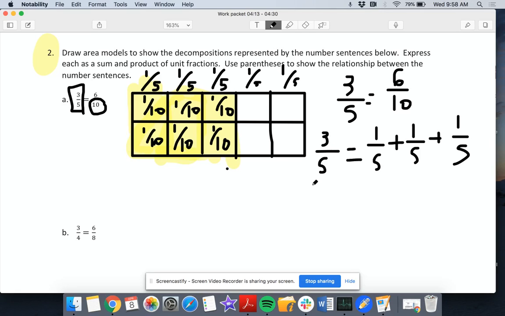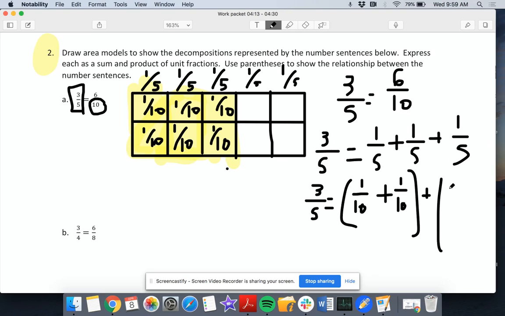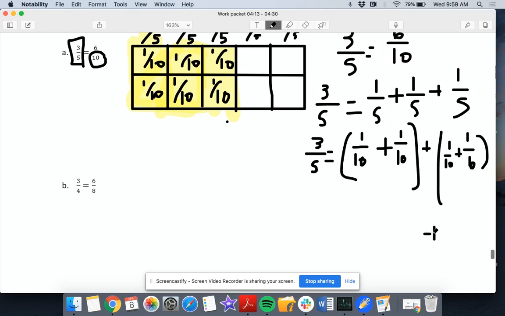We could now also say that 3/5 is equal to 1/10 plus 1/10 plus 1/10 plus 1/10 plus 1/10 plus 1/10.